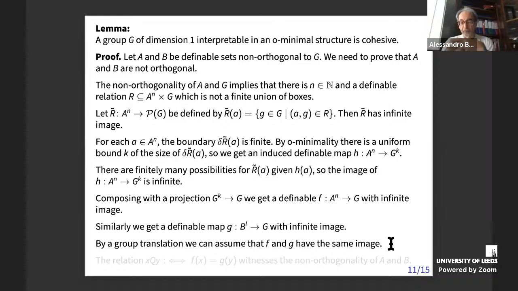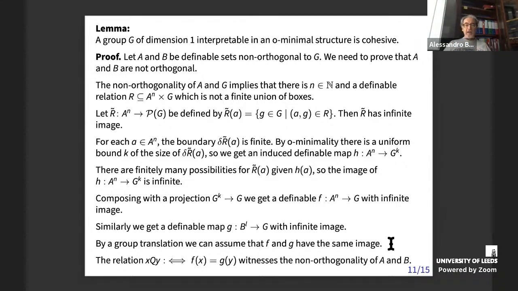So you may assume that F and G have the same image. And now you can define a non-trivial relationship between the two sorts. You just say X is in relation to Y if F of X equals G of Y. And this relation cannot be a finite union of boxes, so it witnesses the non-orthogonality of the two sorts. So in some sense, the group has all parts strongly interacting. And out of it, you prove that it is cohesive.